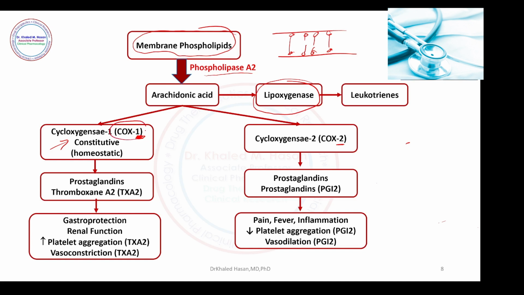This enzyme leads to the formation of prostaglandin. There are several types of prostaglandin, could be E1 or E2 and others, and the most important is called thromboxane A2.